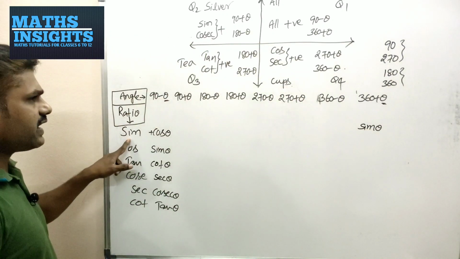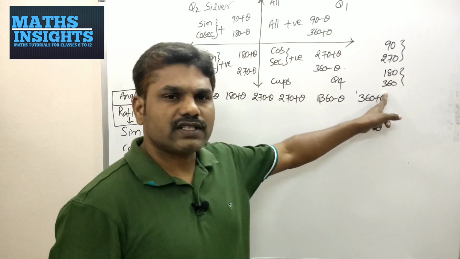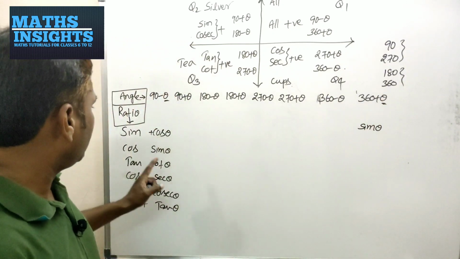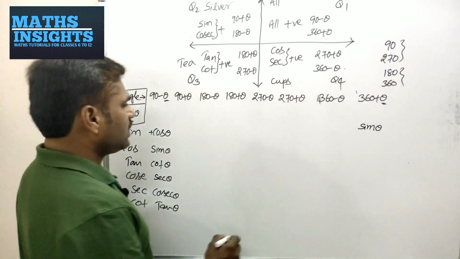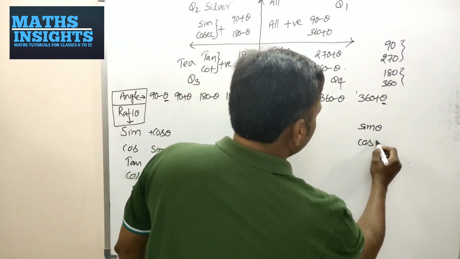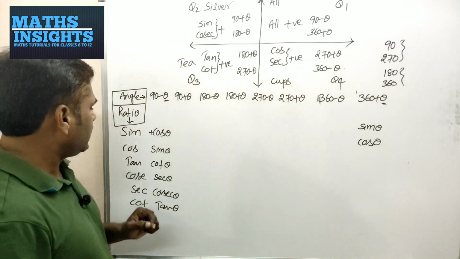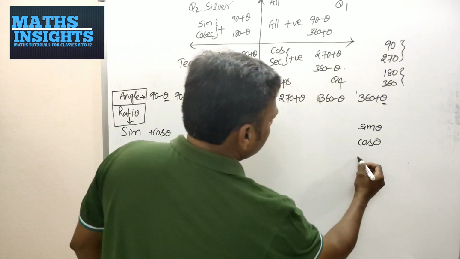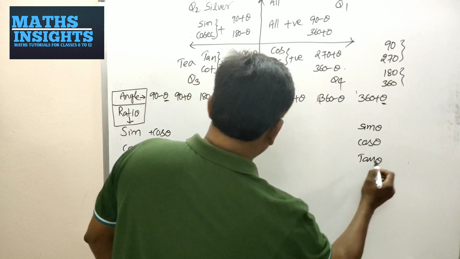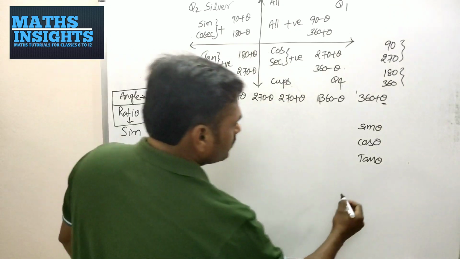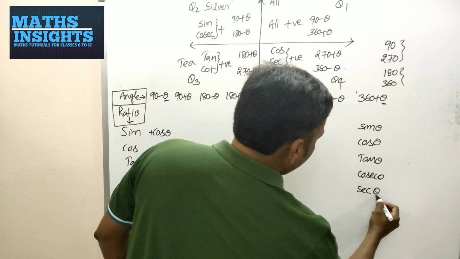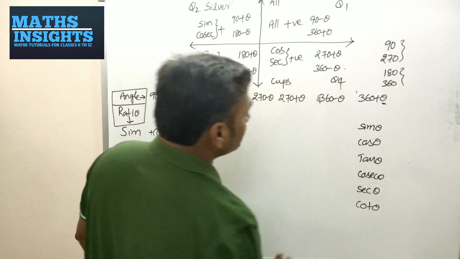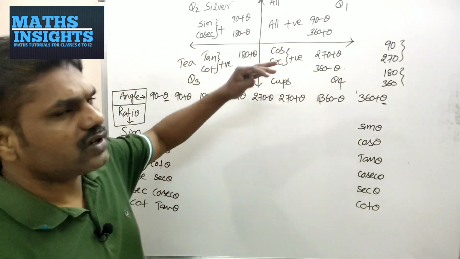Sine of 360 plus theta will become sine theta. Again cos of 360 plus theta will become cos theta. Similarly, tan will become tan theta, cosecant will become cosecant theta, secant theta and cot theta. So the angles for the first quadrant are over.